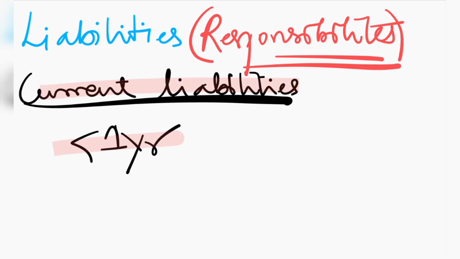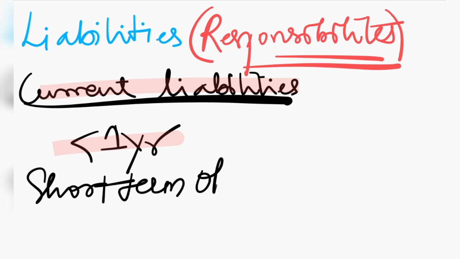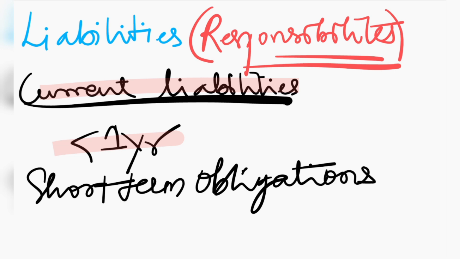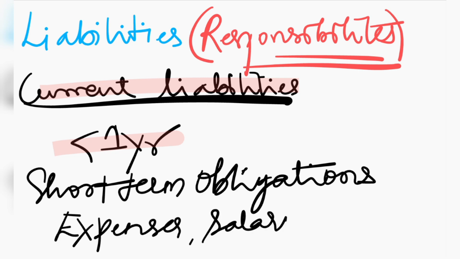These are short-term obligations, responsibilities that are due within 1 year and can be repaid within a normal operating cycle, like expenses, salaries which we pay to our employees, and wages. These are all short-term liabilities.